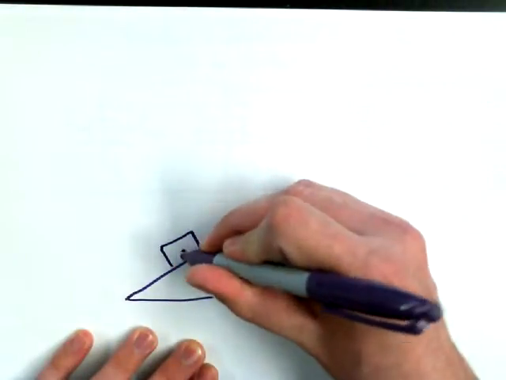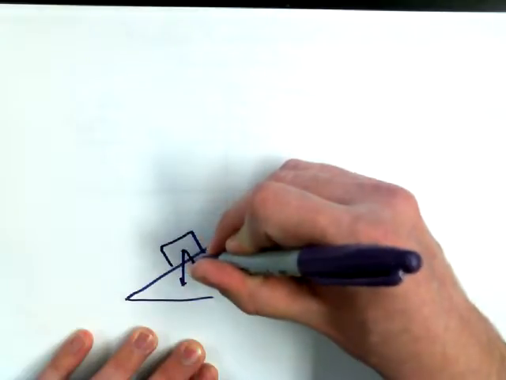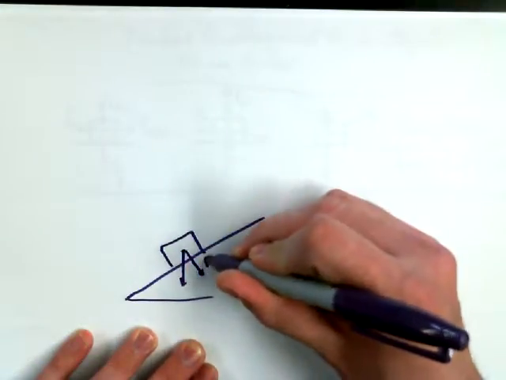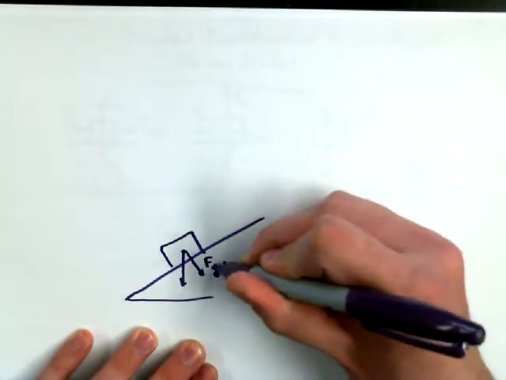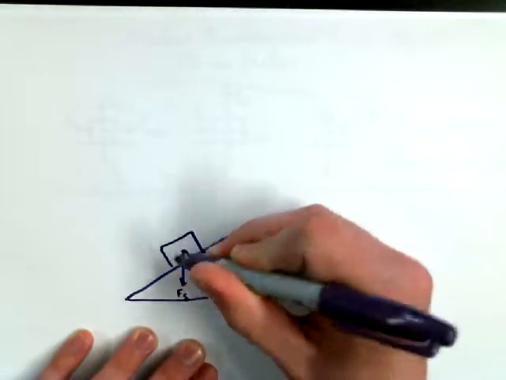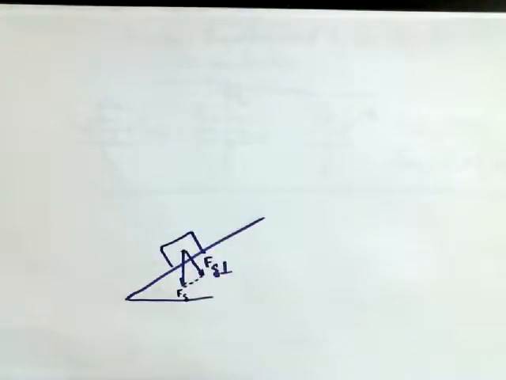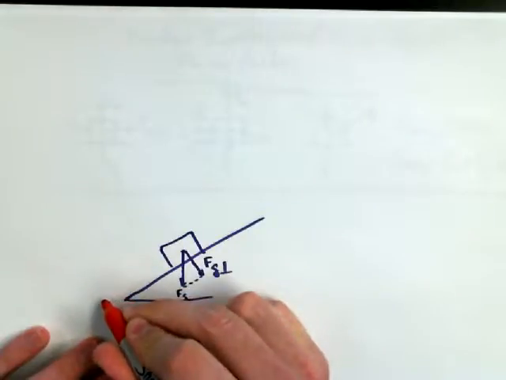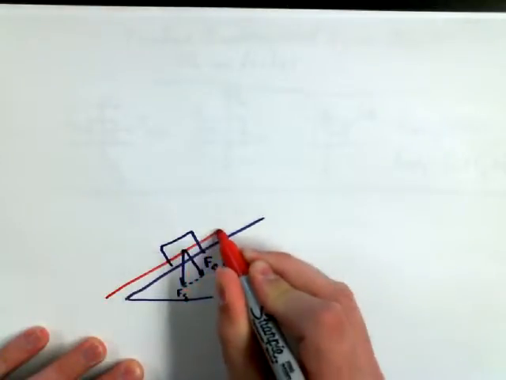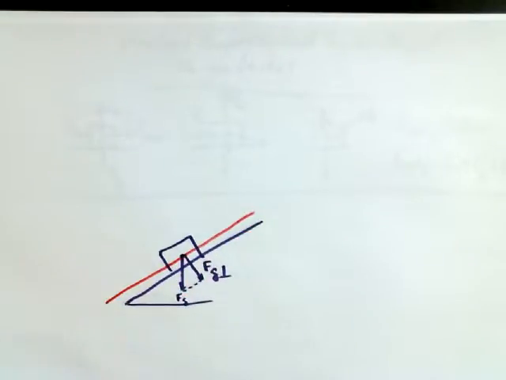I've got my force due to gravity that we called Fg perpendicular. And I want to take a look at angles. So I want to draw some parallel lines here. You see that line is parallel to the surface, the purple surface that we're looking at.